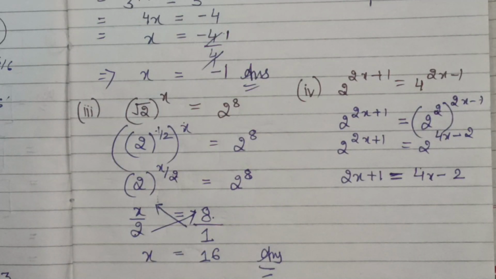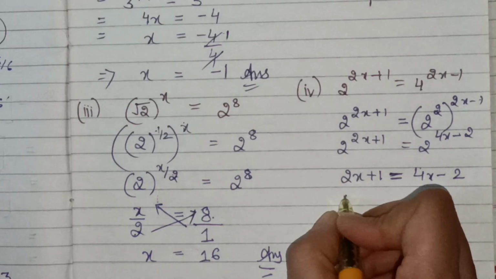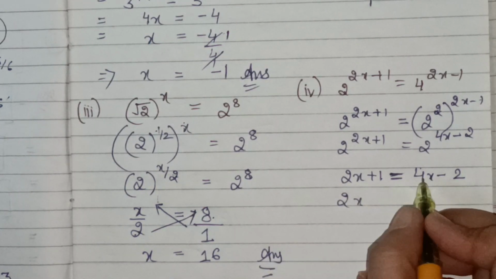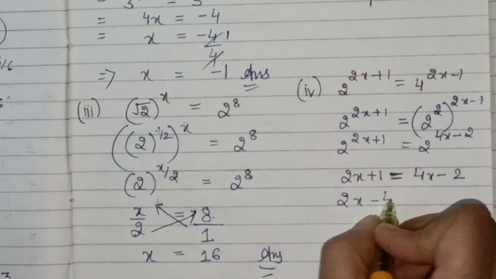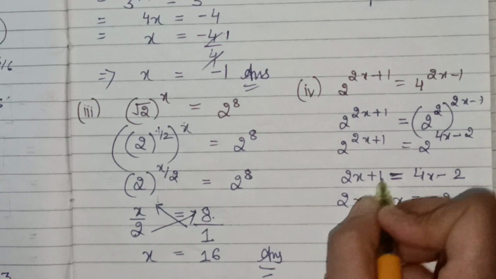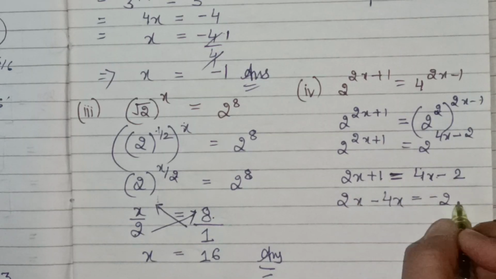Then constant terms are written with constant terms and variable terms with variable terms. I write the same terms together. 2x minus 4x is equal to minus 2 minus 1.